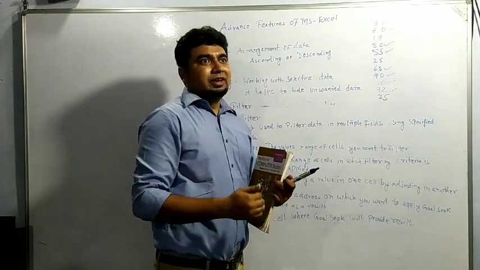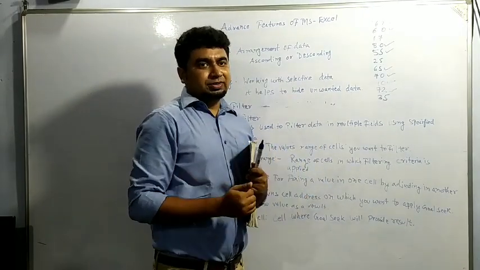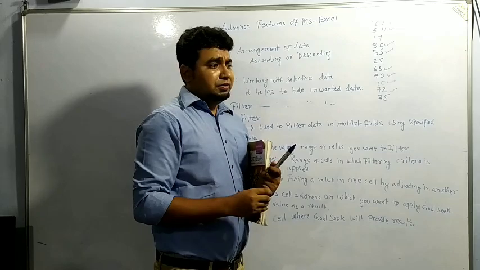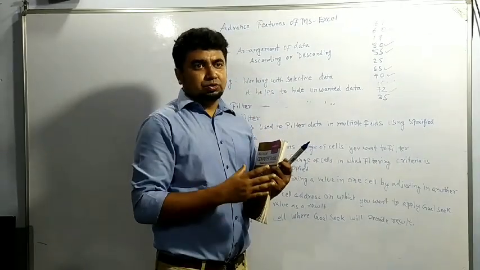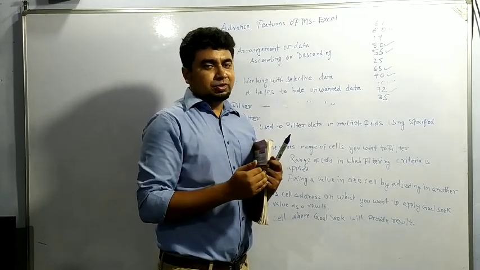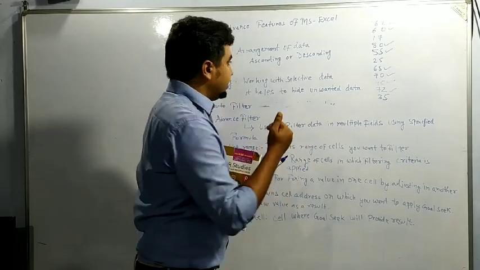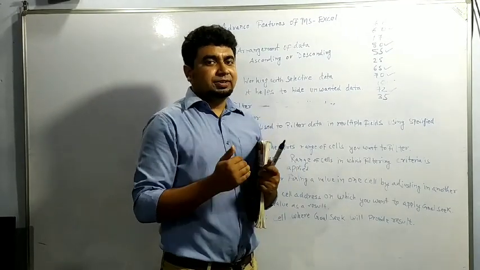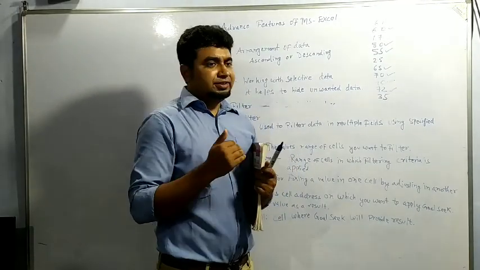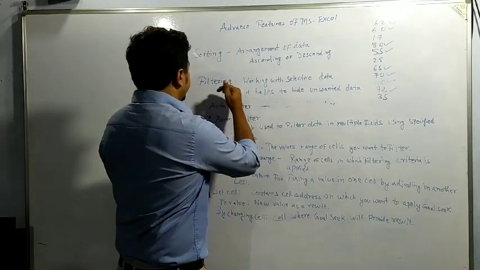If I ask who has got above 40 marks, we just filter the data, and the names of those students who have got above 40 will be displayed. That is the way we manipulate, recognize, or analyze the data. That is known as filtering.